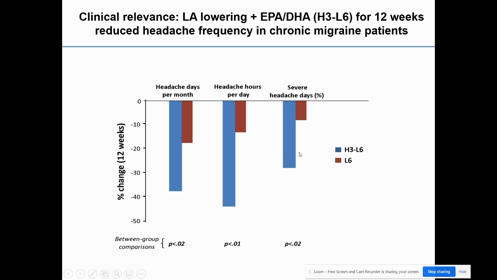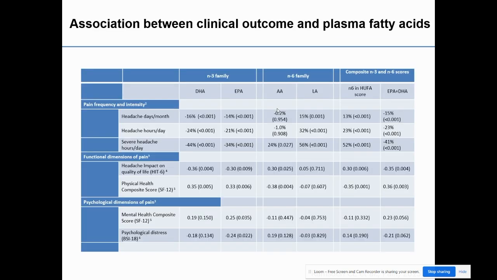And this was significant compared to the L6 diet, suggesting that LA lowering combined with increased omega-3 fatty acid intake can potentially reduce migraine frequency in these patients, likely by modulating OXLAM levels in vivo.